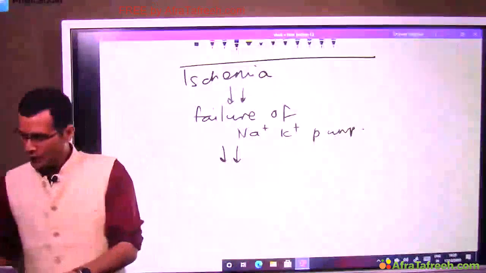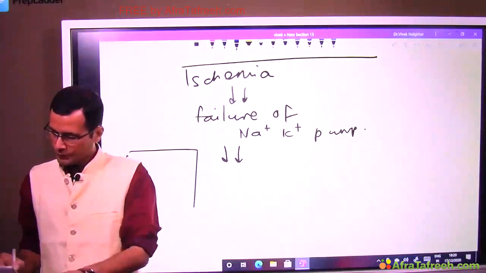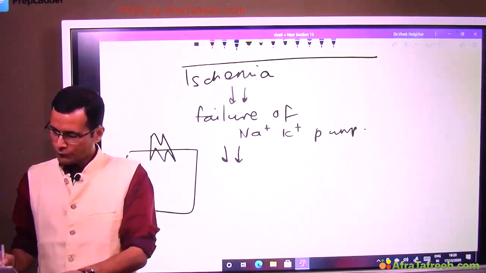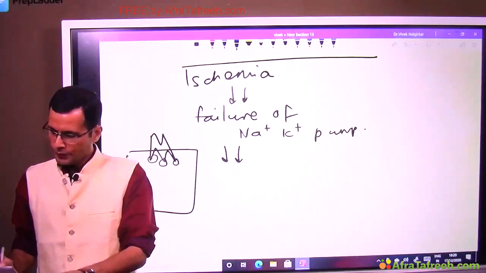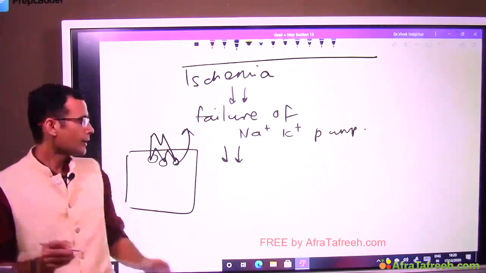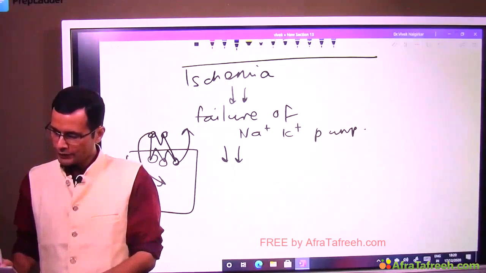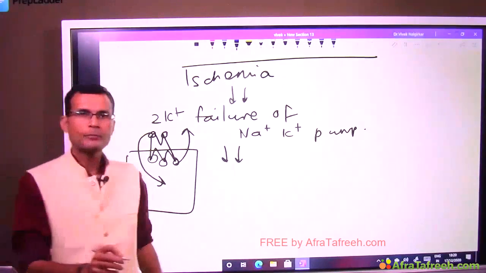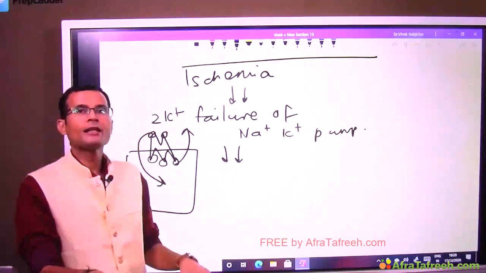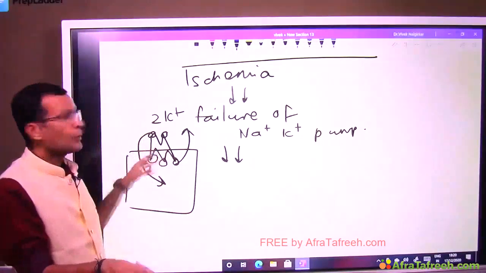And if the sodium potassium pump fails, what is the job of sodium potassium pump? Send 3 sodium ions out and send 2 potassium ions from outside to inside. Now this pump is failing because of ischemia.